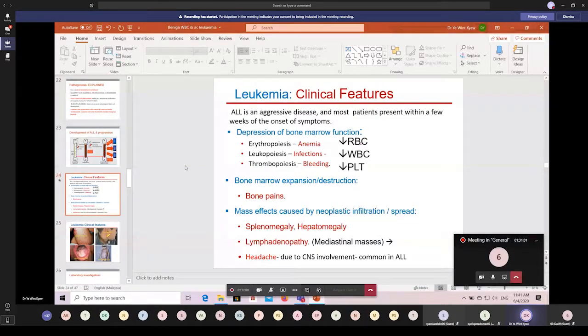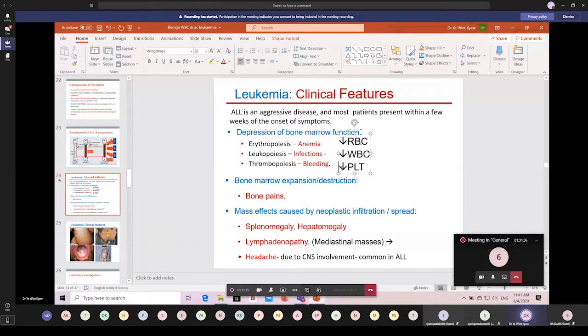So, leukemia clinical features. ALL is an aggressive disease. There are features of reduced bone marrow function: reduced RBC presents with anemia, and reduced WBC count presents with infection, because even though they produce a lot of lymphocytes, they do not function well, so infection will occur.